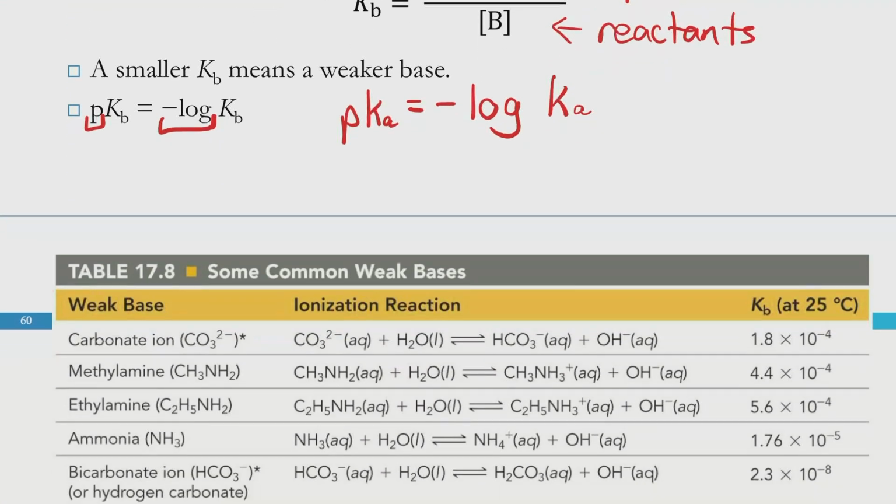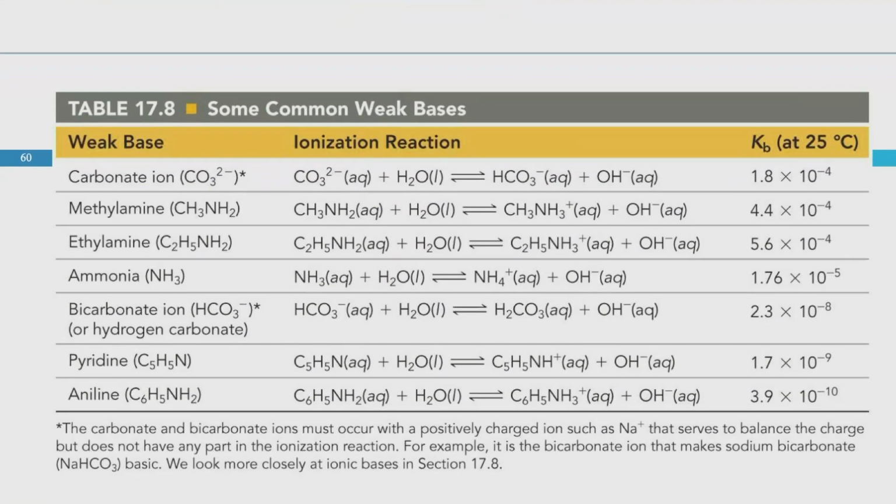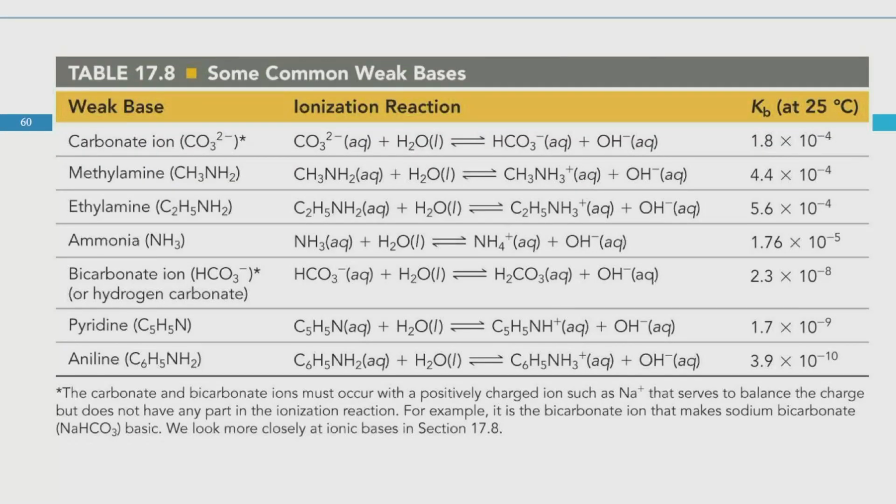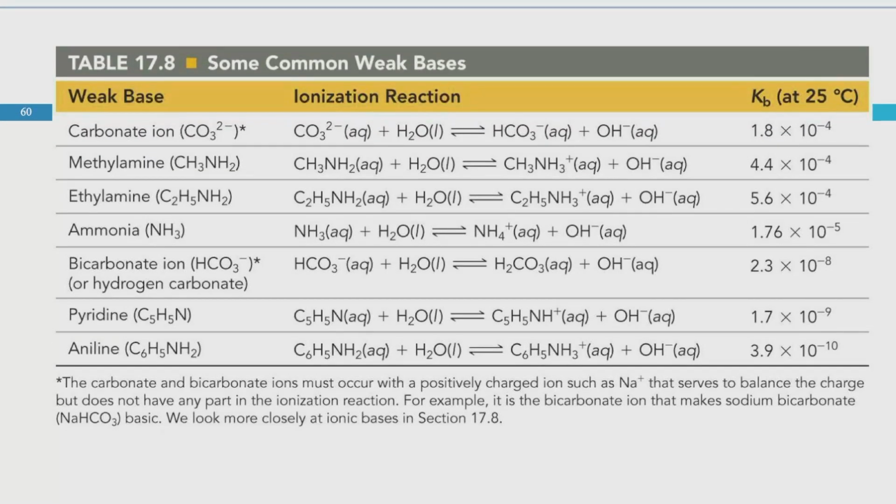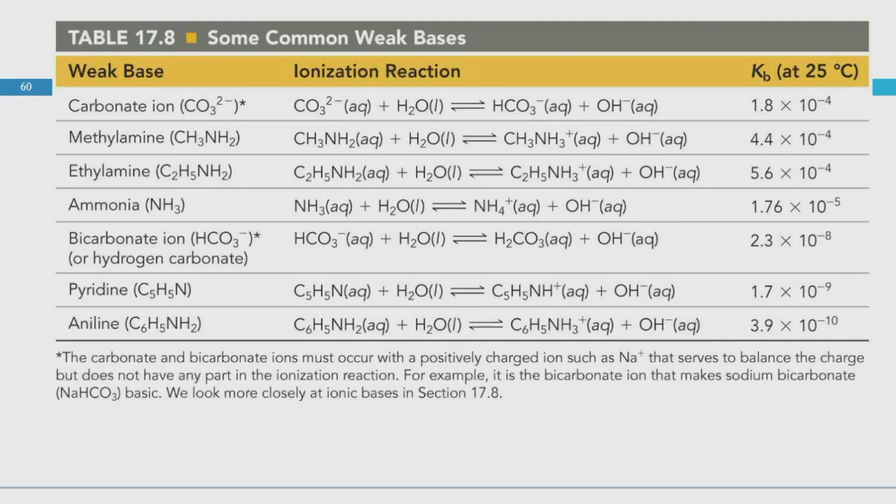Some of our common weak bases are things like the carbonate ion, methylamine, ethylamine, the methyl, the ethyl, with nitrogen and some hydrogens making it an amine, ammonia, and so on and so on. One common theme is that we've got a lot of amines, things with nitrogens in them.